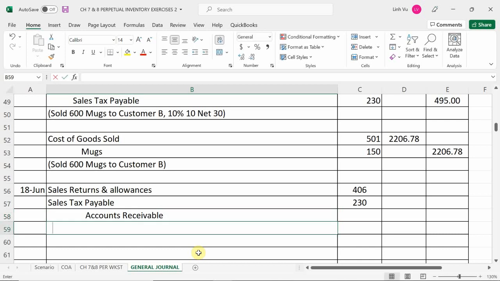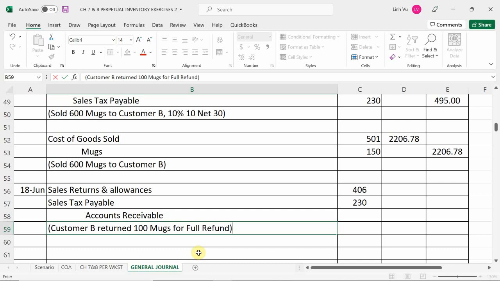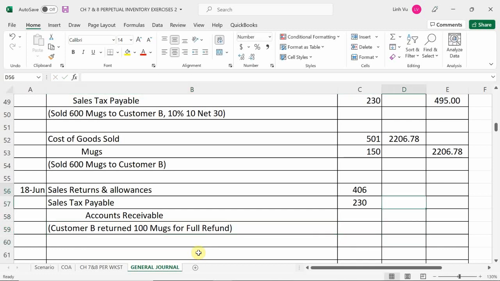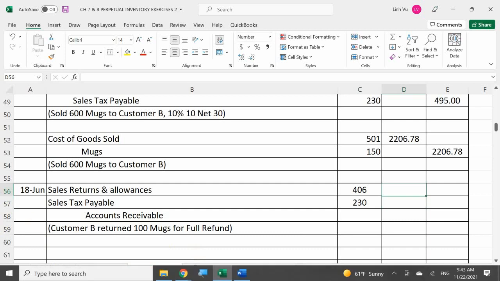And I'm going to make a note here that customer B returned 100 mugs for full refund. So if I originally charged $10 each, how much is my return going to be for? $1,000. So therefore, how much tax am I going to be refunding?